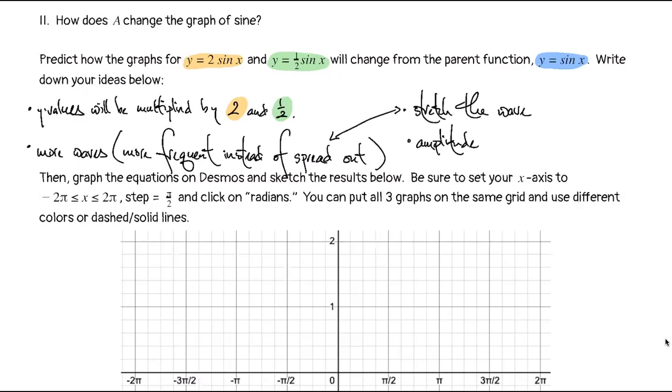And Natalia, what do you mean by amplitude? Okay, so you're saying stretch the wave, but maybe like this way, like vertically.